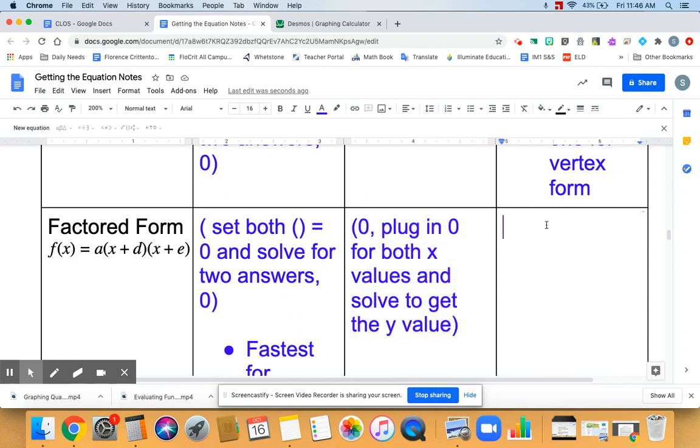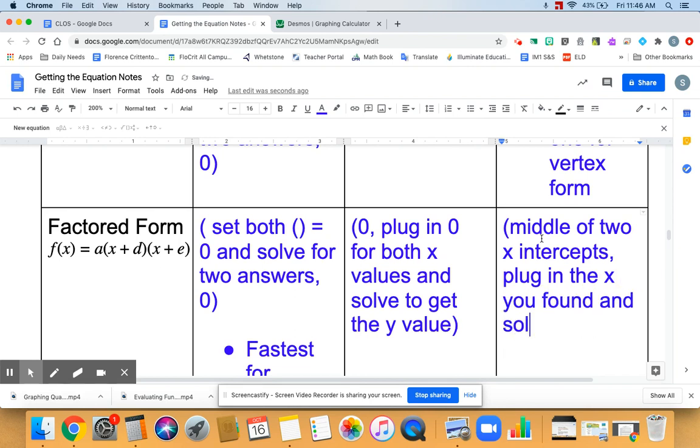And finally, to figure out the vertex for factored form, the x is the middle of the two x-intercepts. For the y value, you plug in the x you found and solve for the y value.